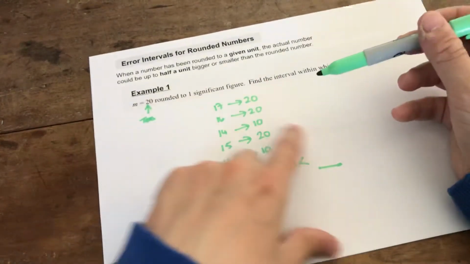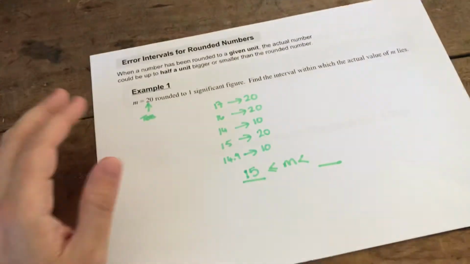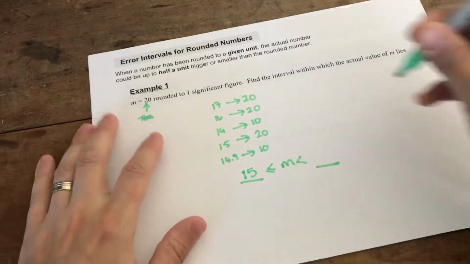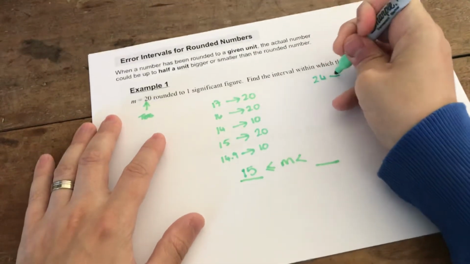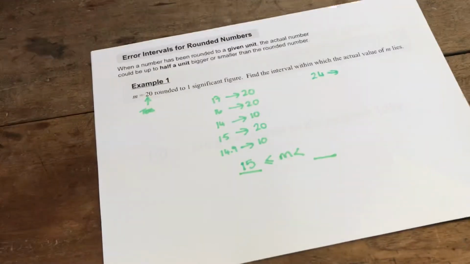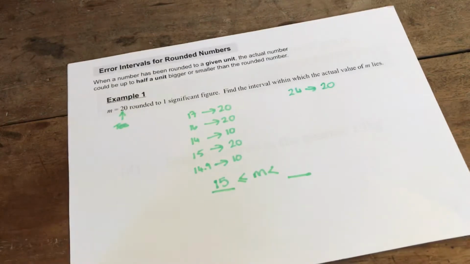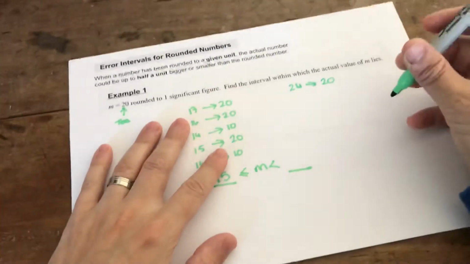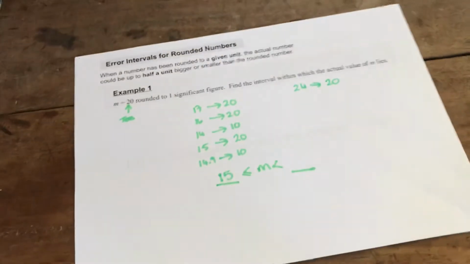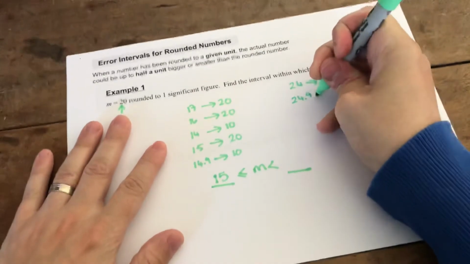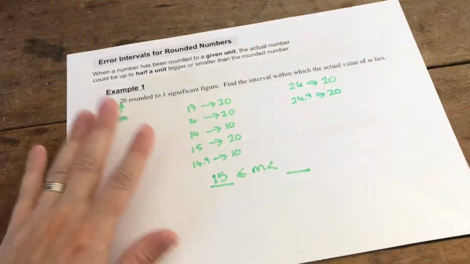Now, we want to think about our biggest number. Think about what's the biggest number you can think of. Well, 24, when it's rounded to the nearest 10, gives me 20. It's the biggest whole number. Is there a number bigger than that that rounds to the nearest 10 and gives me 20? Well, actually, yes, there is. 24.9 rounds to the nearest 10, and it gives me 20.